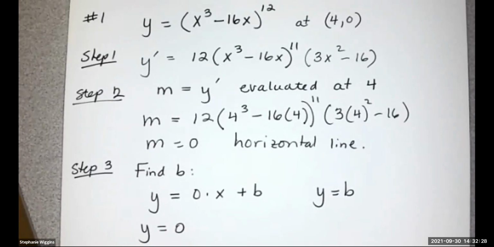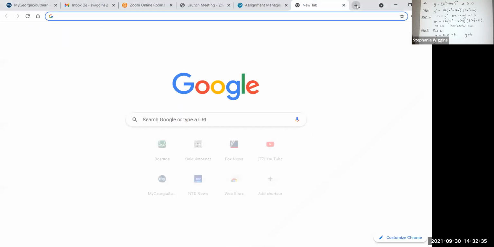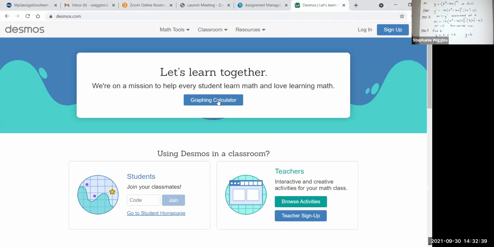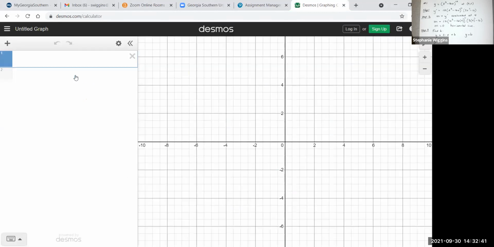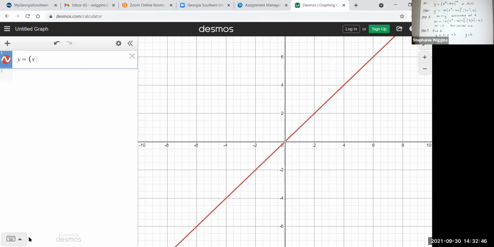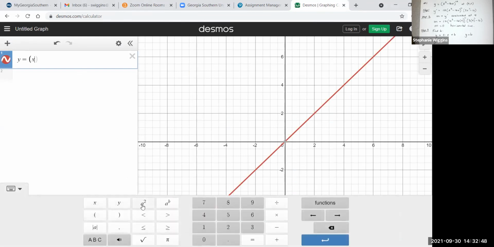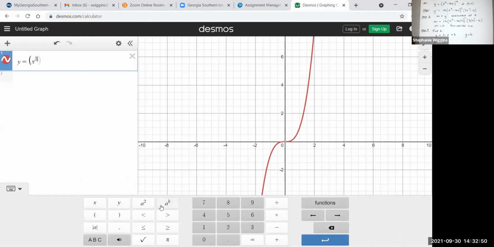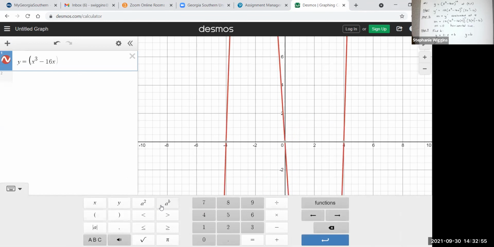And if you look at the graph of this, you can graph this on your calculator. I'm just going to show you on Desmos real quick. I'm going to type in y equals x cubed minus 16x, raised to the power of 12.